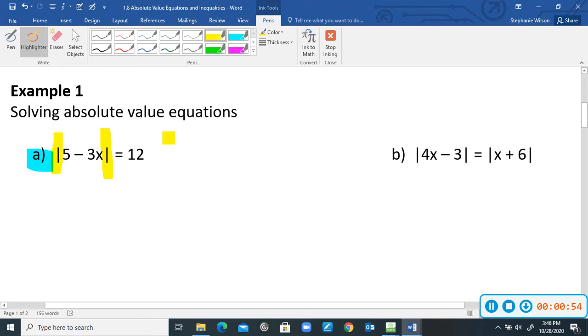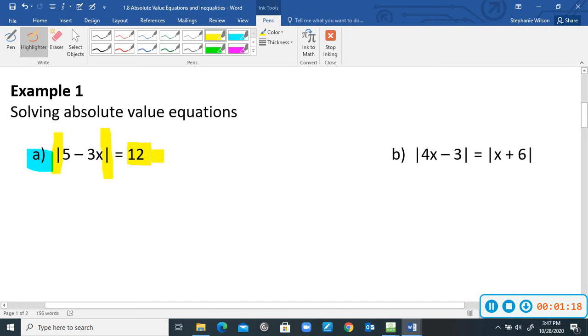Next, we look at the number on the other side of the equal sign. Is it positive? If it is, we're going to be able to find its opposite. If it's a negative answer, then there is no solution. But if it's 0, then we're going to get 1 answer.